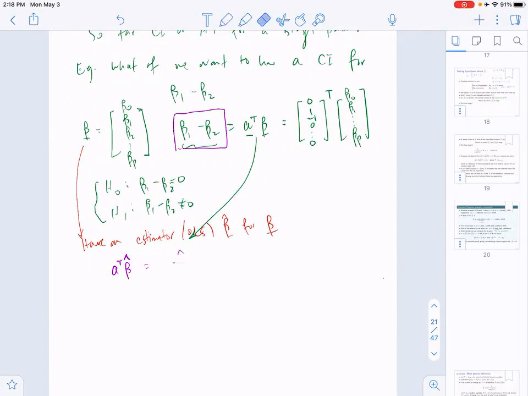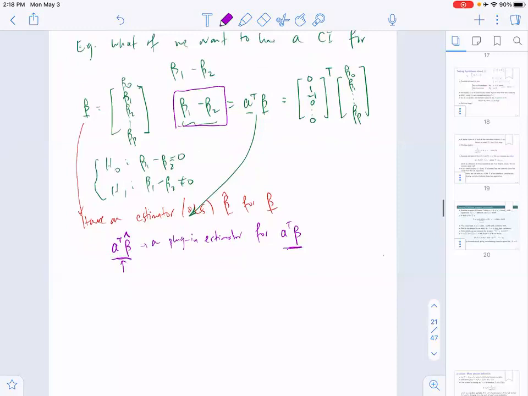So this is called a plugin estimator for A transpose beta. If I want to build a confidence interval for this, I have to determine the sampling distribution of this estimator. I have to find the expectation, the covariance matrix, the whole distribution, and try to find a pivot based on it and proceed.